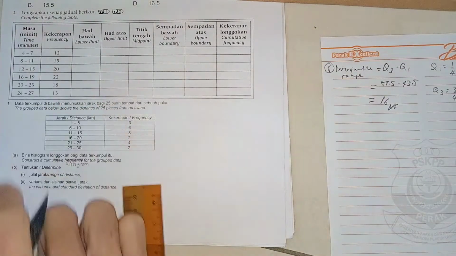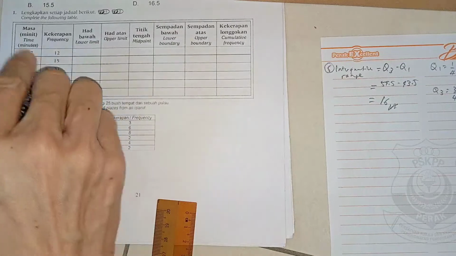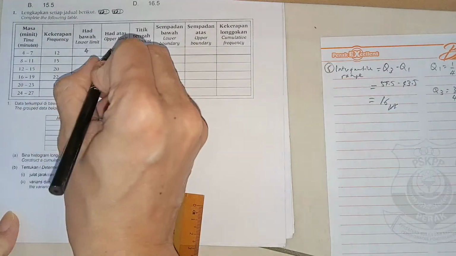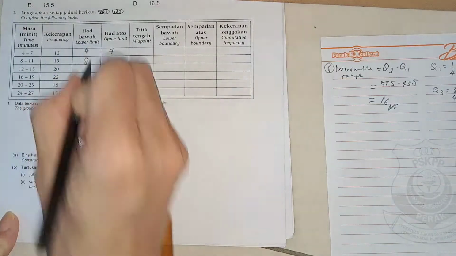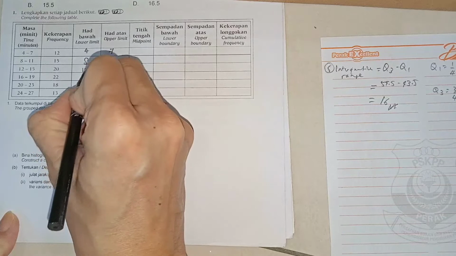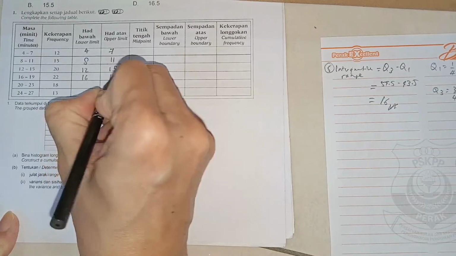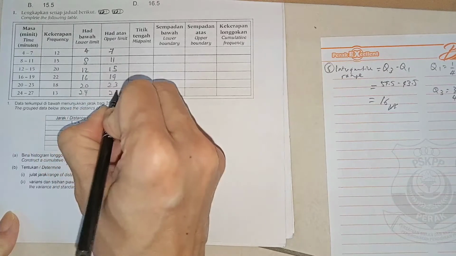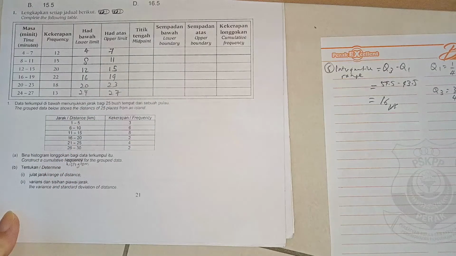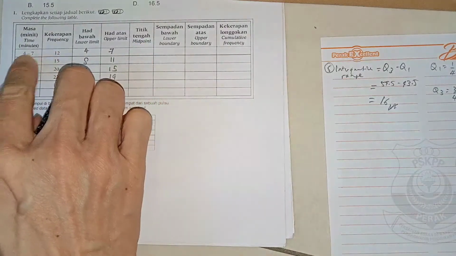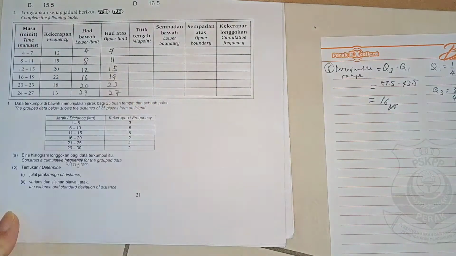Okay, number 1, lower limit. Lower limit is 4. Upper limit is 7. So it's 8, 11, 12, 15, 16, 19, 20, 23, 24, 27. Then midpoint, 4 plus 7 divided by 2.